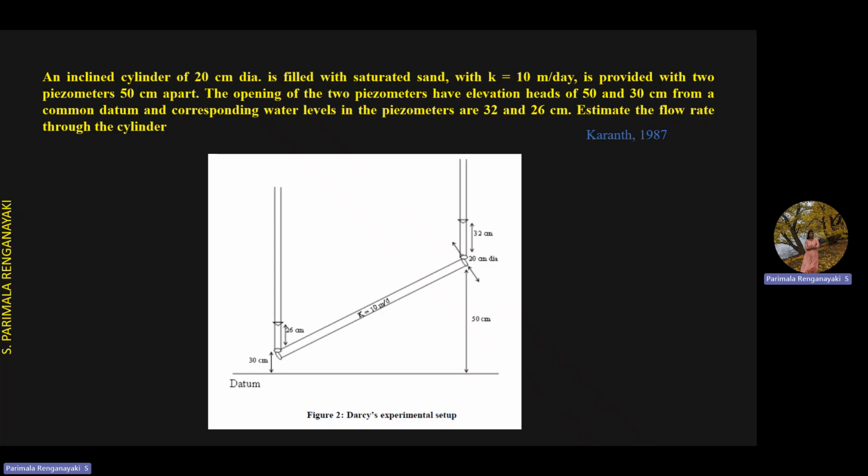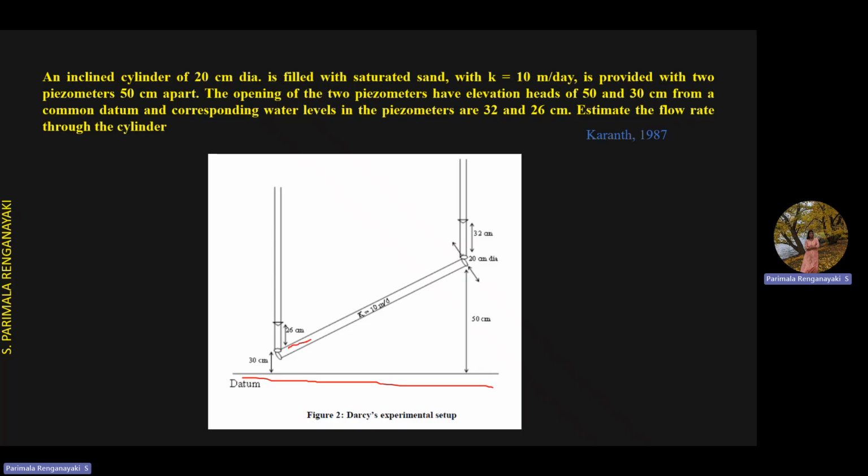The openings of the two piezometers have elevation heads of 50 and 30 centimeter from the common datum, and corresponding water levels in the piezometers are 32 and 26 centimeter. Estimate the flow rate through the cylinder.